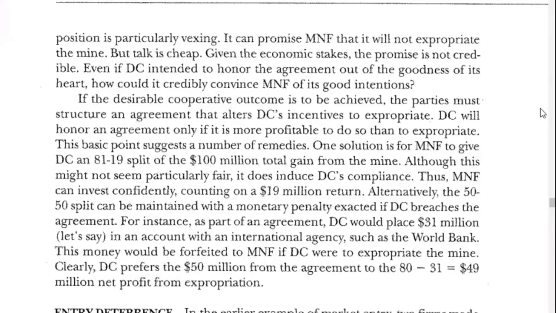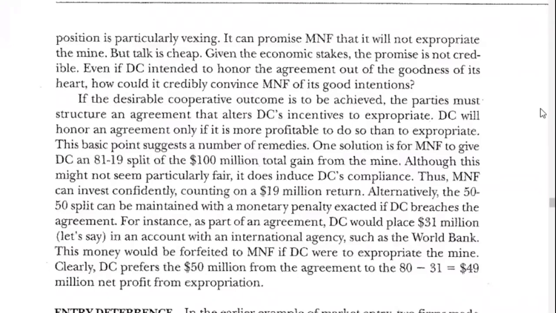One solution is for the multinational to give the developing country an 81-19 split of the 100 million total gain from the mine. Although this might not seem particularly fair, it does induce the developing country's compliance. Thus, the multinational can invest confidently, counting on its 19 million return. Alternatively, the 50-50 split can be maintained with a monetary penalty exacted if the developing country breaches the agreement.